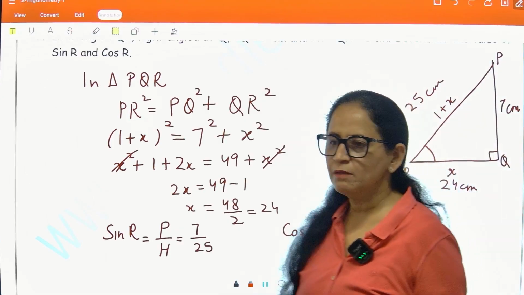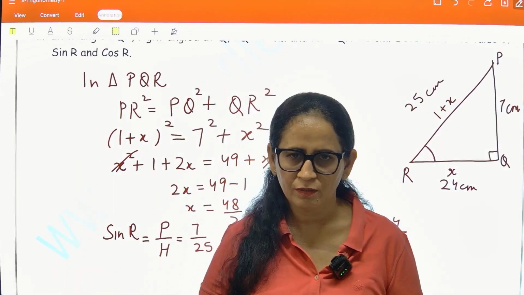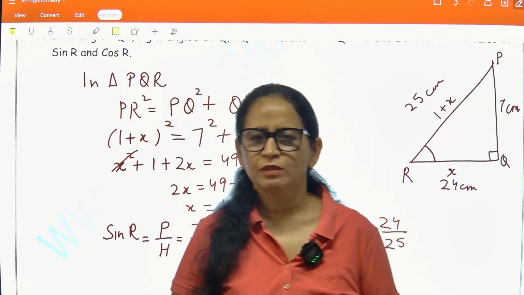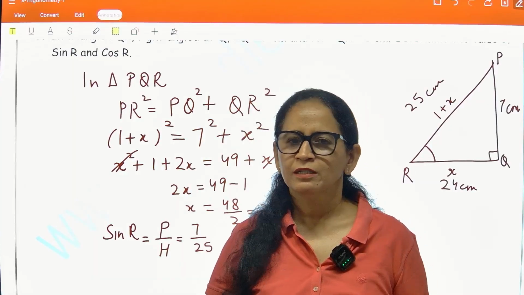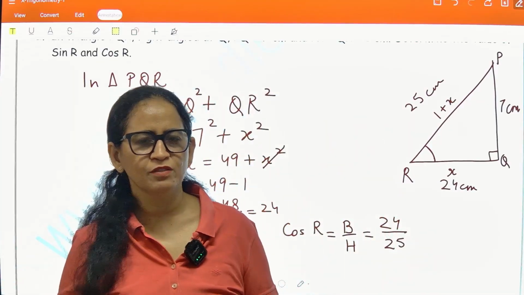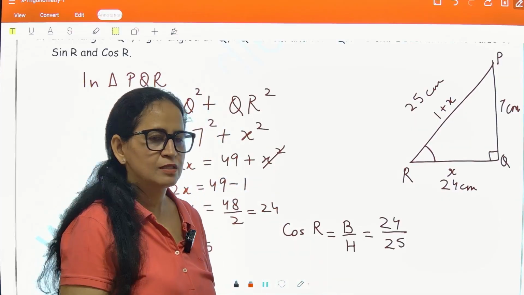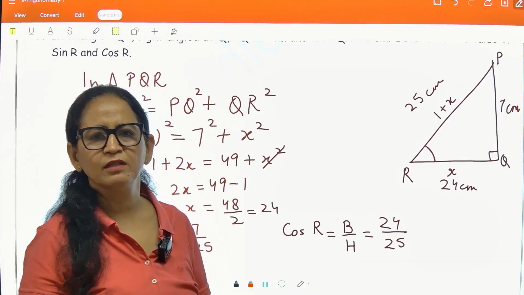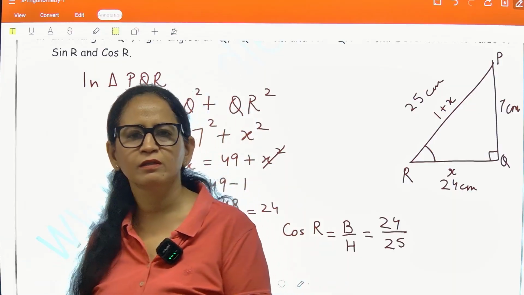So we understand the basic concepts of trigonometric ratios and how they are related to each other. If you want to continue in this journey of learning trigonometry, continue watching the next part of this video, where we will cover the trigonometric ratios of certain specific angles and thereafter trigonometric identities. So these two topics will be covered in our next video.